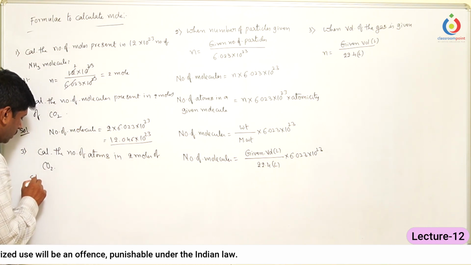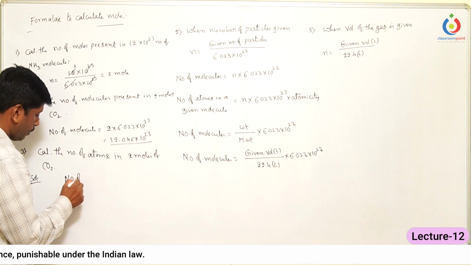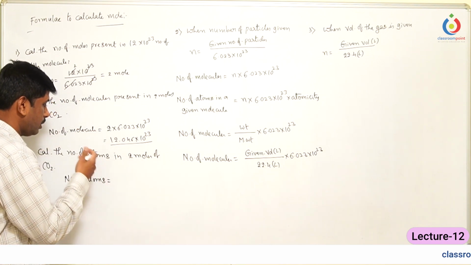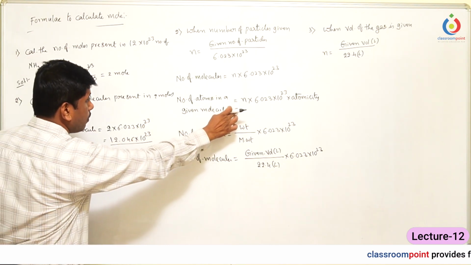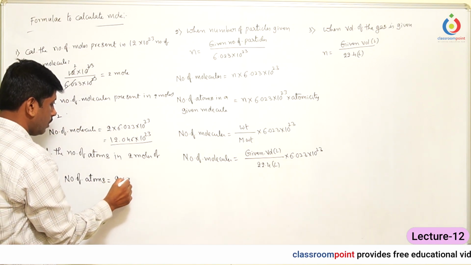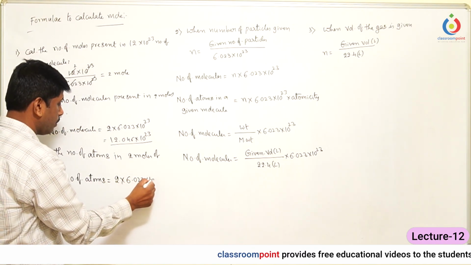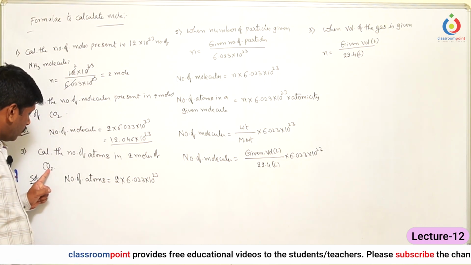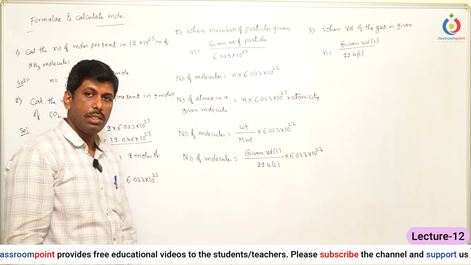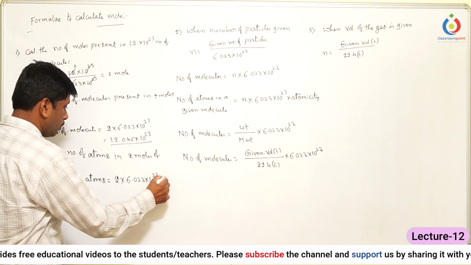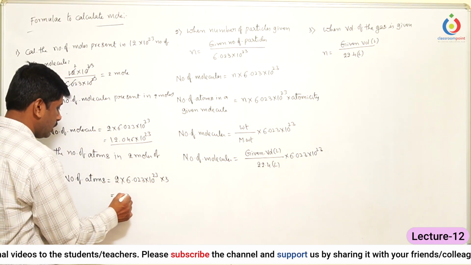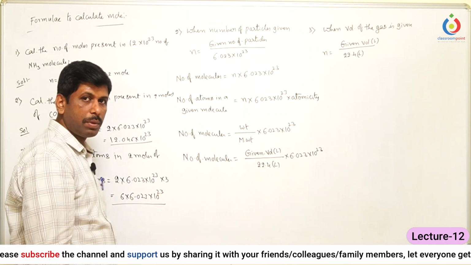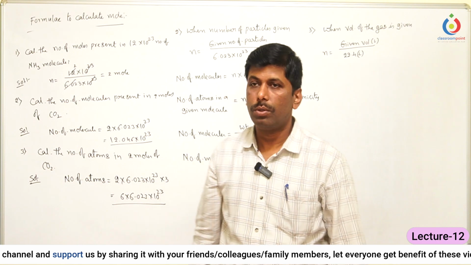So number of atoms, total atoms in the CO2 molecule, is equal to, see this formula, number of moles 2 moles, Avogadro's number 6.023 into 10 power 23. Each CO2 molecule has 3 atoms because it has 1 carbon atom and 2 oxygen atoms. So 3 into 2 equals 6 into 6.023 into 10 power 23 number of atoms are present in the 2 moles of CO2 molecule.